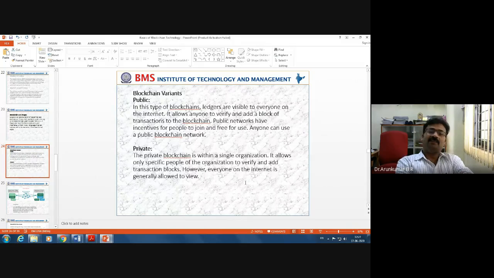A private chain is within a single organization. It allows only specific people of the organization to verify and do the transaction blocks. However, everyone on the internet is generally allowed to view it. For example, if a university implements a blockchain to maintain the records of the students, especially the degrees awarded, it will be more secure and it becomes a private blockchain.